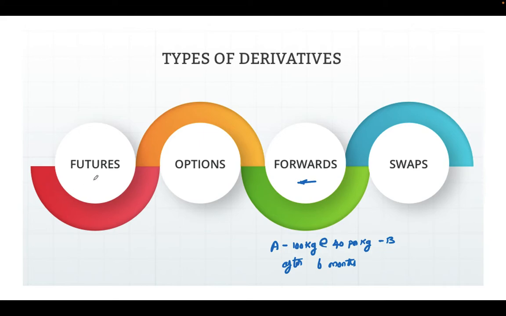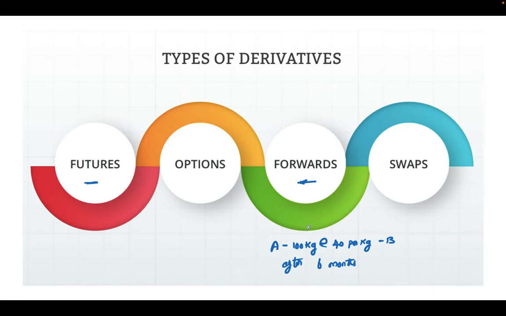The next is a futures contract. Again, futures contract is a contract between two parties, but it is executed through a stock exchange, binding on both the parties, even though neither of them has a link about the identity of the other person.